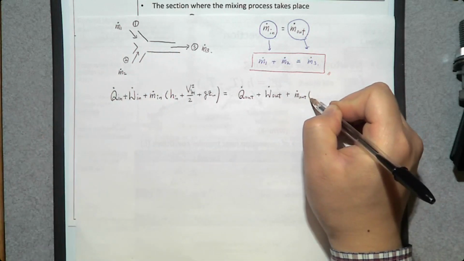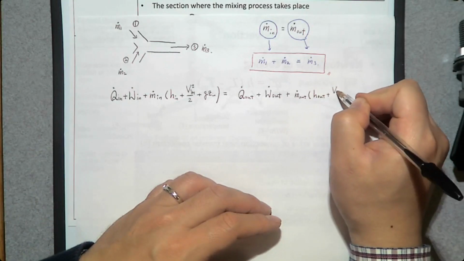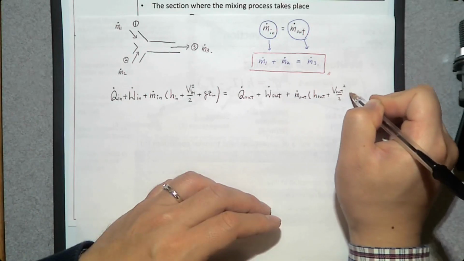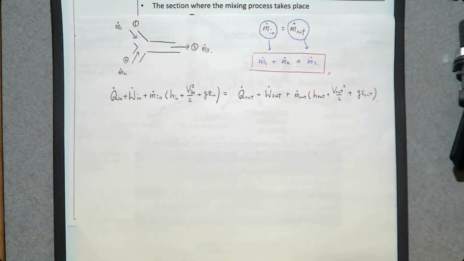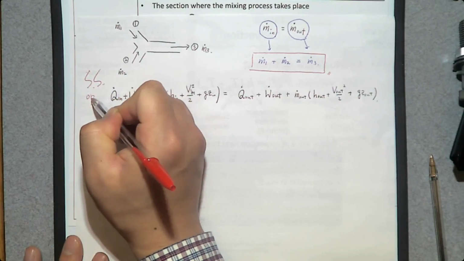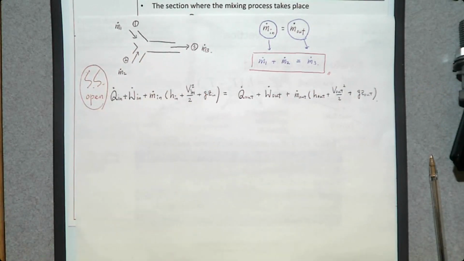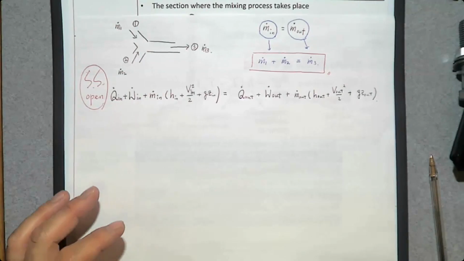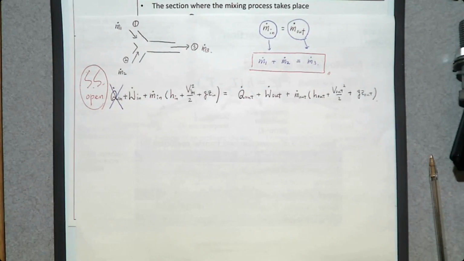This has three forms of energy: h, kinetic energy, and potential energy. So this is the general energy balance equation for a steady state open system. Let's see. We usually do not heat a mixing chamber because there's no reason to do that.